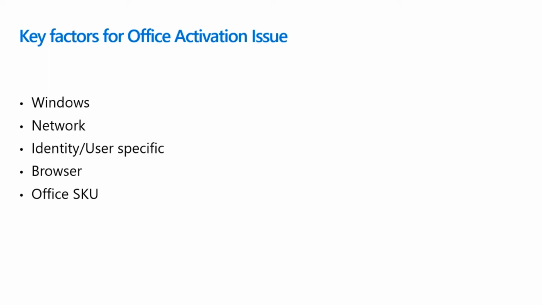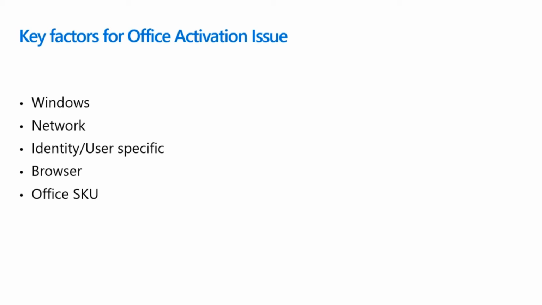And next would be network specific. Krishna was talking about filtering the URLs and the IPs. For activation to work seamlessly, we need to ensure that all the Office 365 URLs and IPs are whitelisted on all the filtering devices that the customers might have, and on firewalls, etc. So that is something that plays a role.